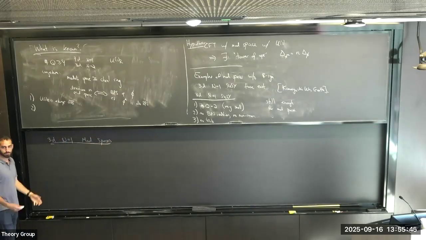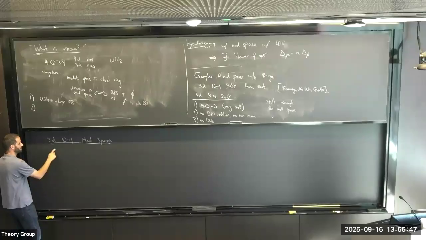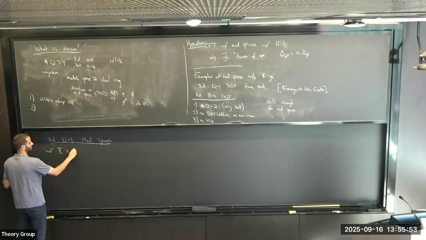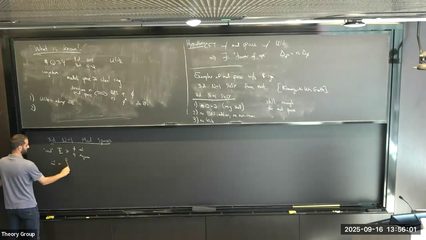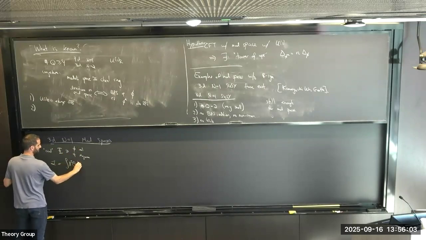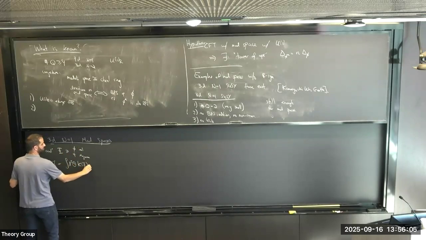Let me write down some simple 3D N=1 Lagrangian. A simple multiplet is a real multiplet, which consists of a real scalar and a Majorana fermion. And the Lagrangian in superspace will look something like this. We have a kinetic term, and we have a superpotential.